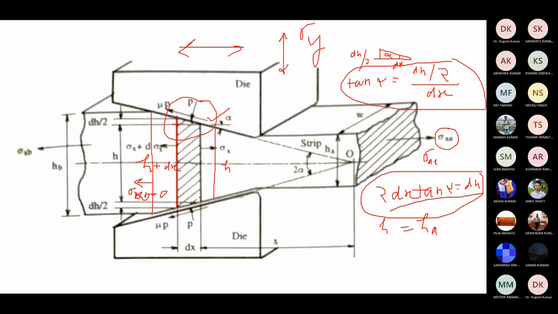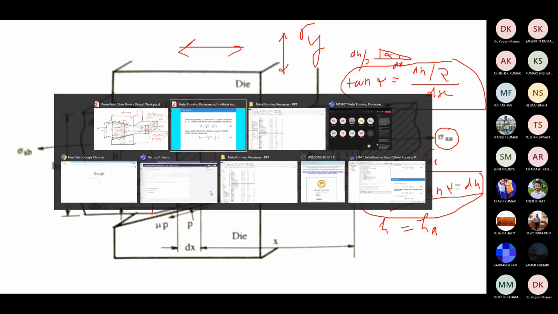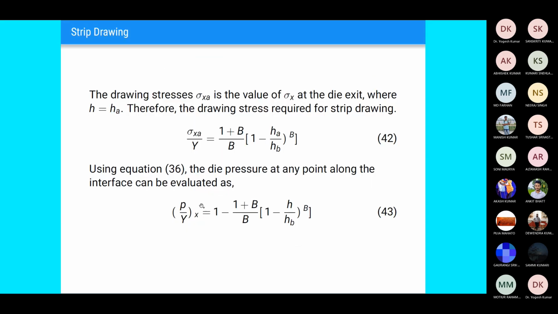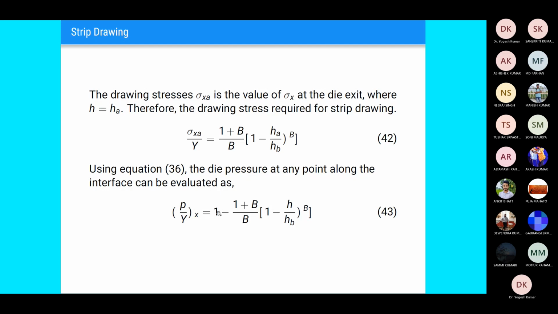This was your virtual vertex O. At distance x, you can calculate the value of p upon y: it will be 1 minus 1 plus b upon b into 1 minus h upon hb raised to the power b.